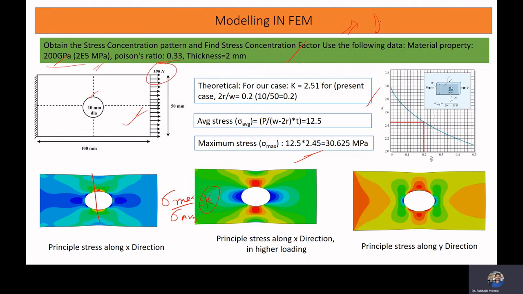First, we will use a nonlinear material property for ductile material, and then a nonlinear material property for brittle material, and we will see how the stress changes and how brittle and ductile materials behave due to stress concentration.